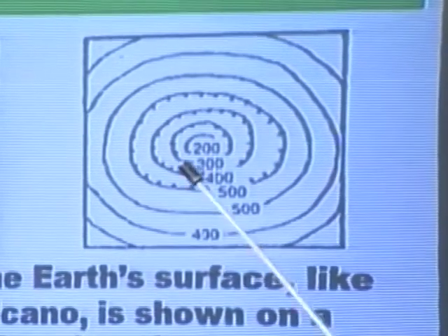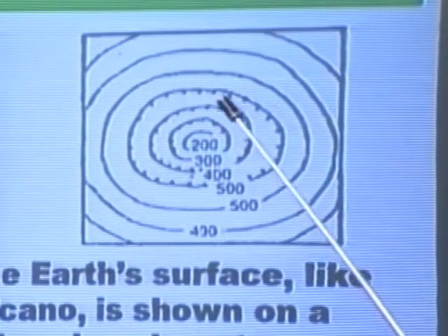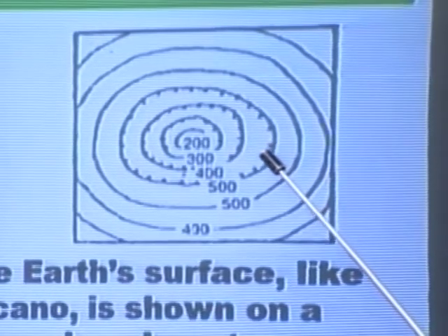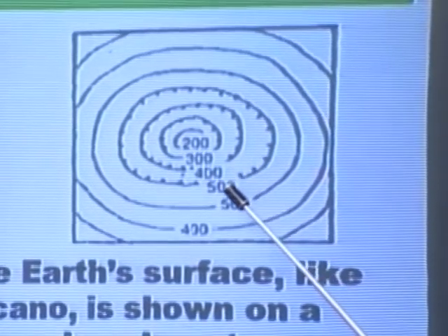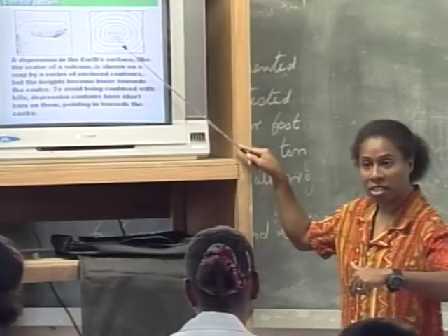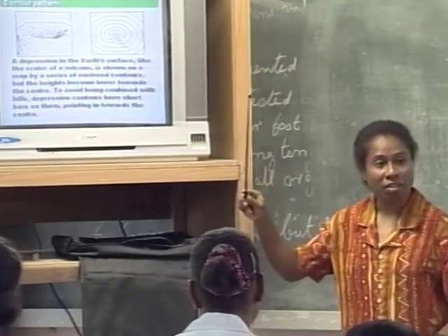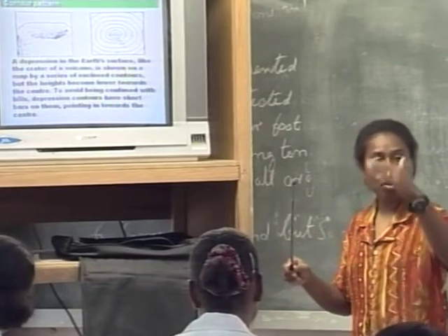As soon as you come to looking at the bars that are drawn, then you know that that is the start of the depression. So you are going to go down by 50 meters. So it is constant, the contour interval, whether you're going up or coming down.